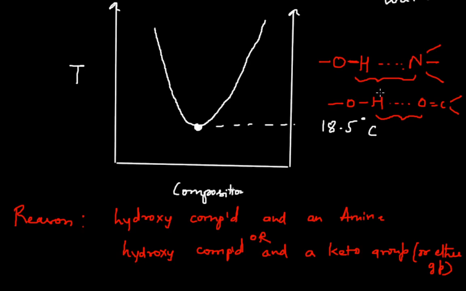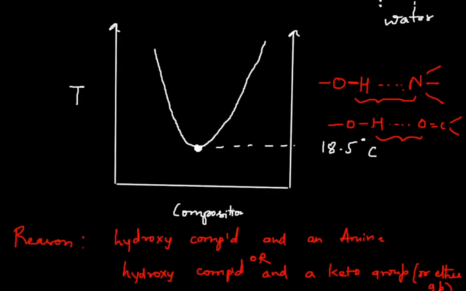The extent of such association depends on the temperature of the system, and it decreases with increase in temperature. That's the reason why mutual solubilities decrease as temperature increases. So this was your example for lower consolute temperature.